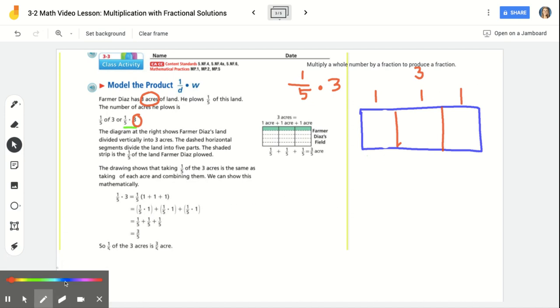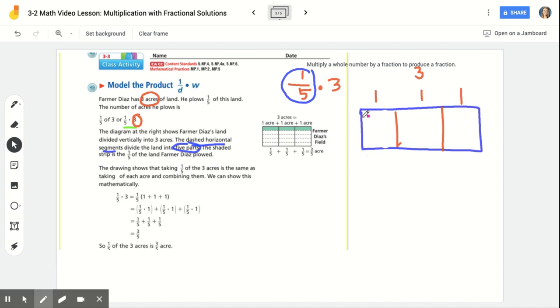Okay, and our next step, they talked about it over here. They used dashed horizontal segments to divide the land into 5 parts. So basically, we're going to look at our fraction here of 1/5, and I'm going to be breaking up each whole into fifths. I'm going to do it using vertical lines, and so are you.